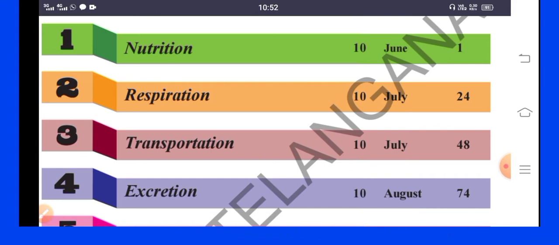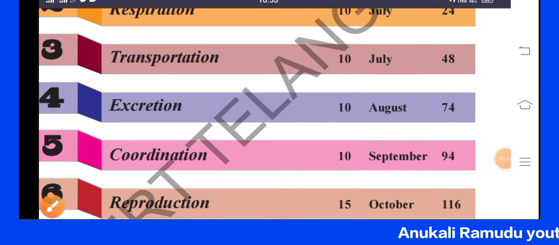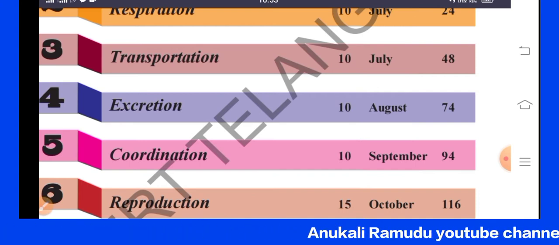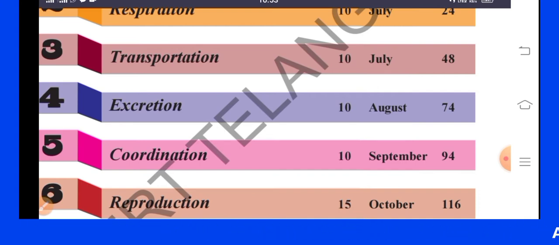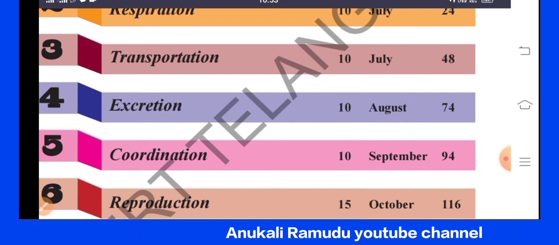The third chapter is transportation. Transportation means movement of materials, supplying from one place to another place. Generally we grow crops in the field but use them in kitchens and houses, so we bring them from there.